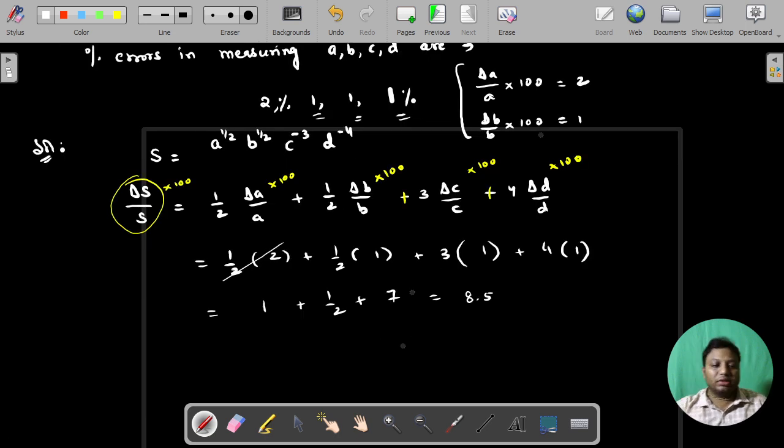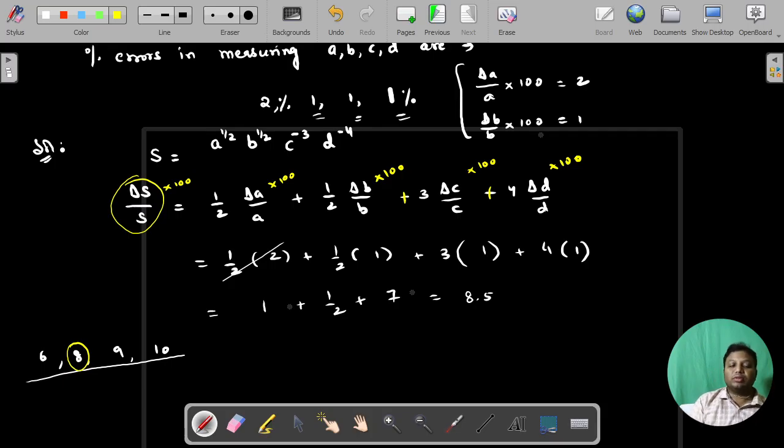In options, I'll write the options given: 6, 8, 9, 10. These are the 4 options given to us. Now we got 8.5, which is between 8 and 9. So what should we choose? If we choose 8, we may get some error which is more than 8.